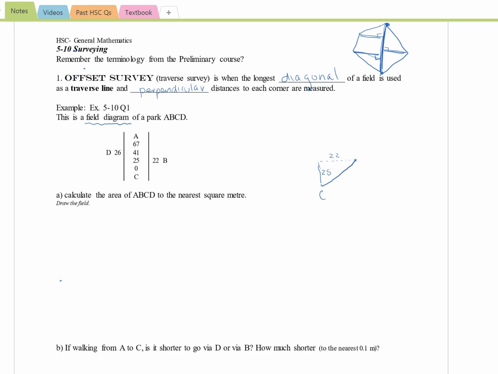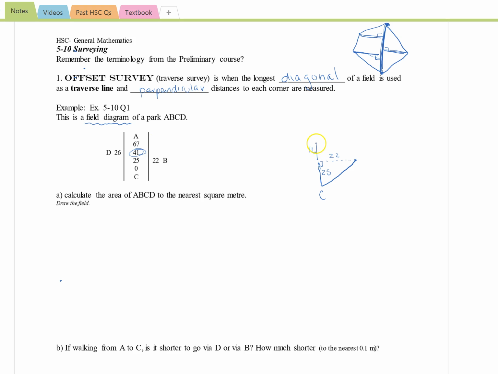Now, in total, from C, by the time you get to here, you've travelled a total of 41. If we went 25 to start with, then to get to 41 we've travelled another 16 metres. So this little interval from here to here is 16.